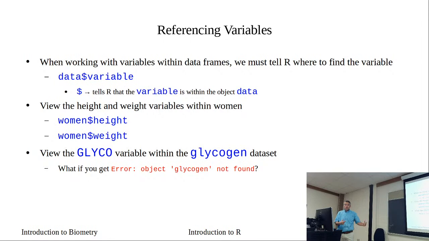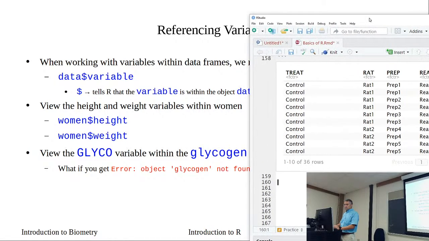If we wanted to look at heights or weights of the women data set, which is already built in, and we type in height, R is going to say object's not found. If we type in weight, it's going to say object's not found. So we have to tell R exactly where it is.